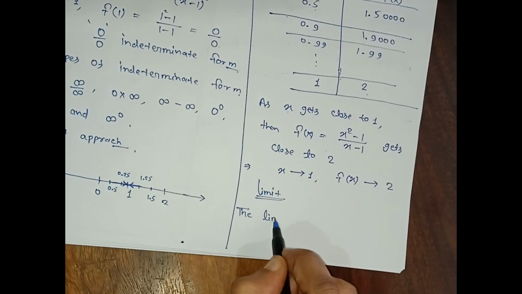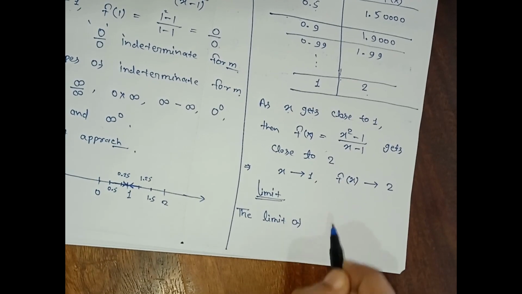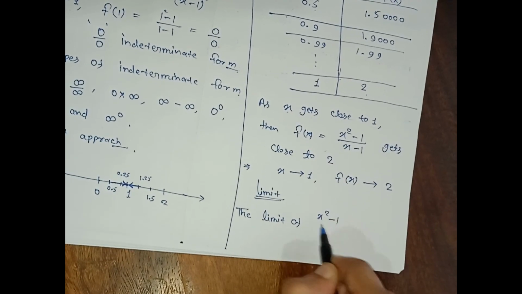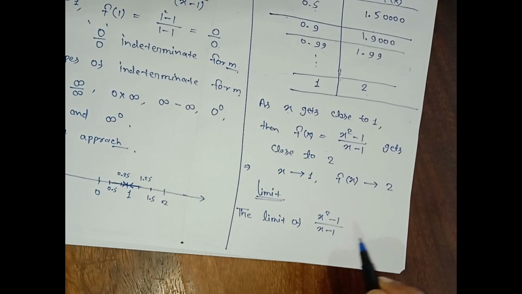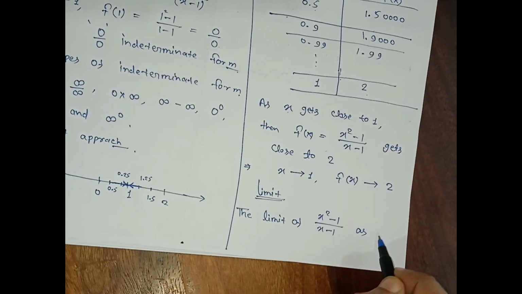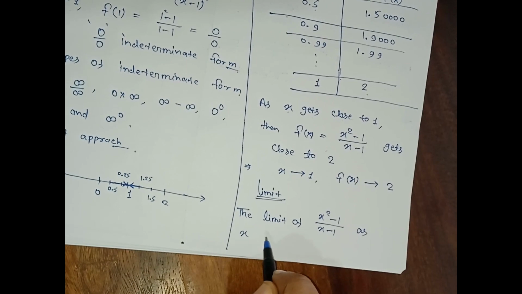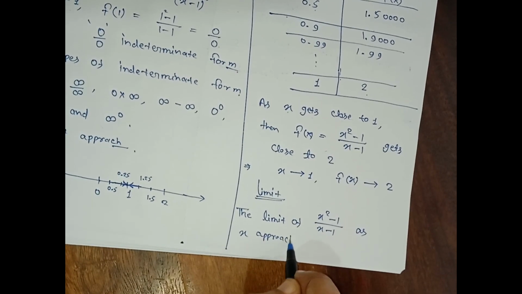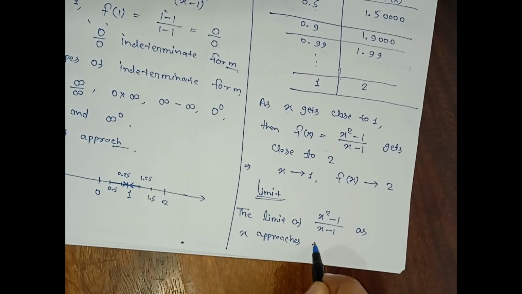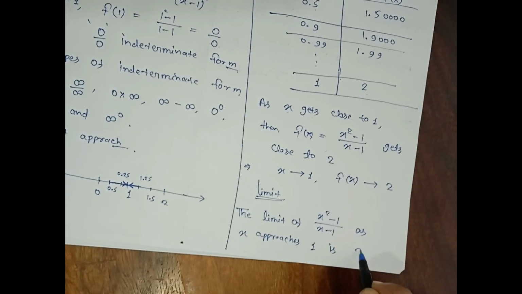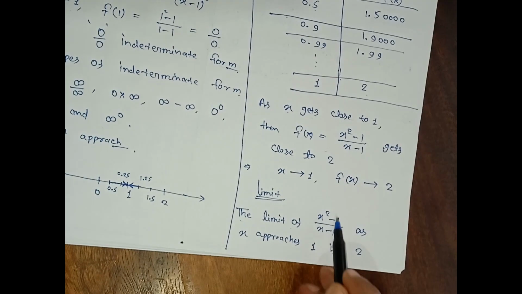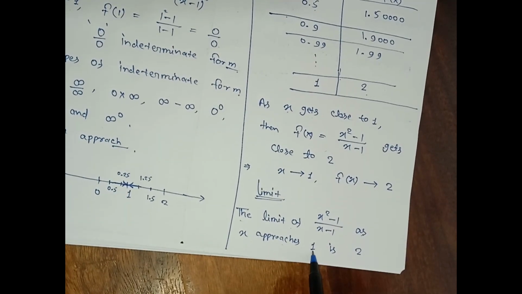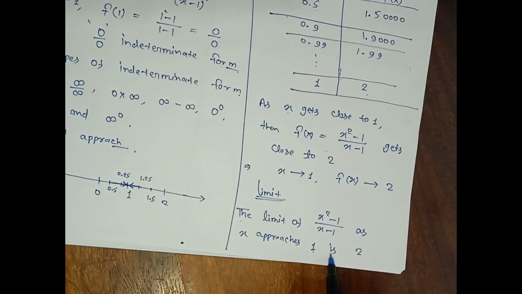The limit of x square minus 1 upon x minus 1 as x approaches 1 is 2. The limit of this function as x approaches 1 is 2.